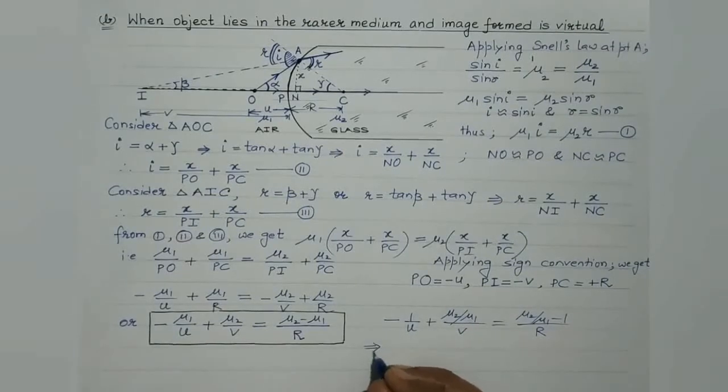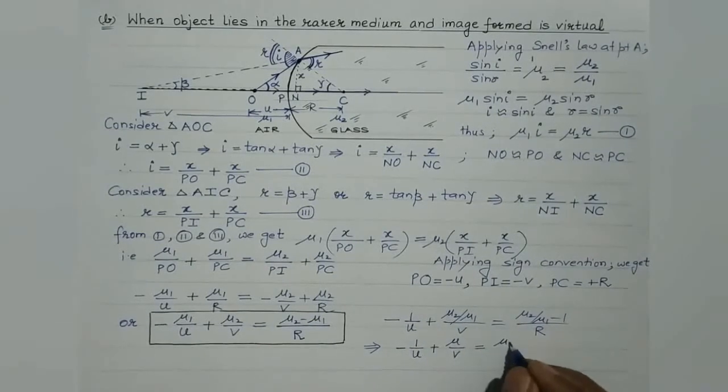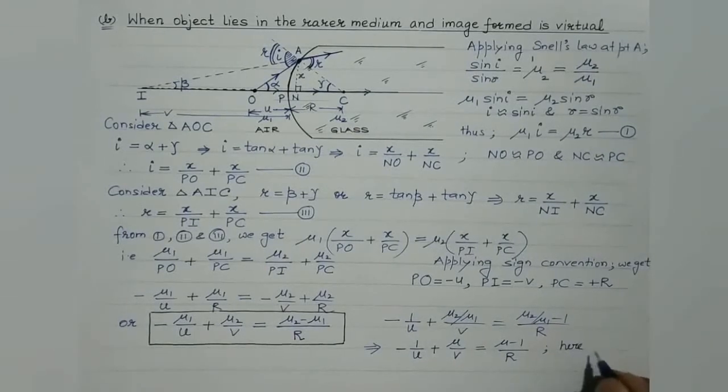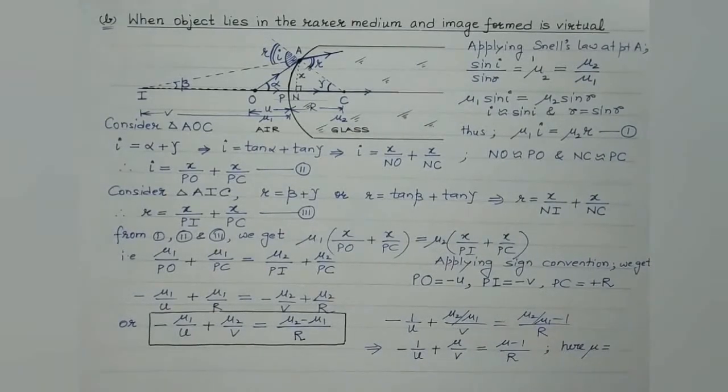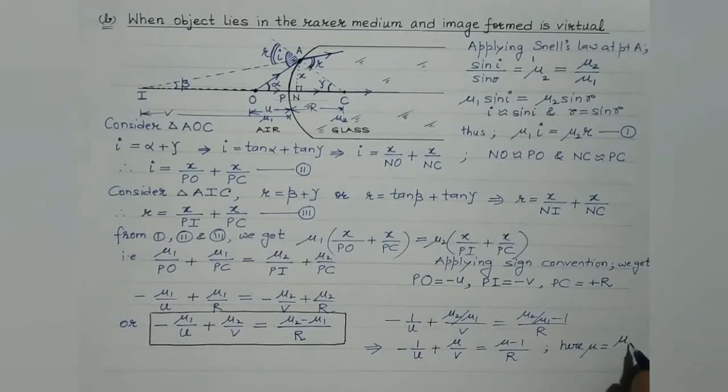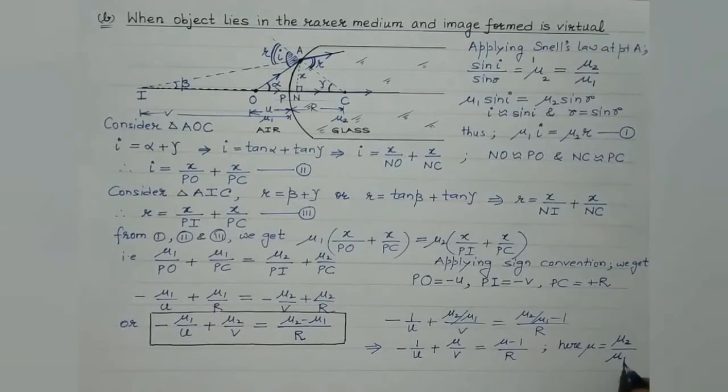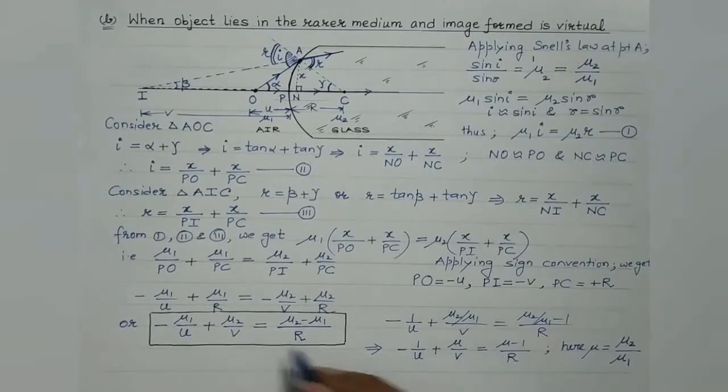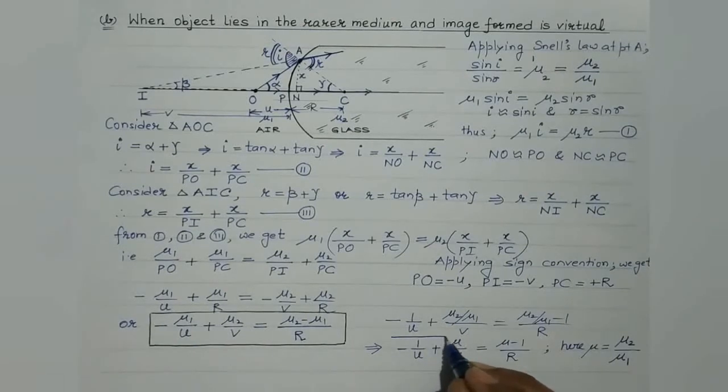So it can also be written as minus 1 by u plus mu by v is equal to mu minus 1 by R. Here mu is the relative refractive index of medium 2 with respect to medium 1, which is the absolute refractive index of medium 2 divided by the absolute refractive index of medium 1. Right? So this result may also be written in this particular manner.